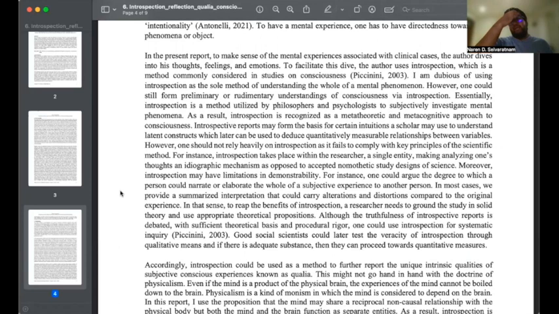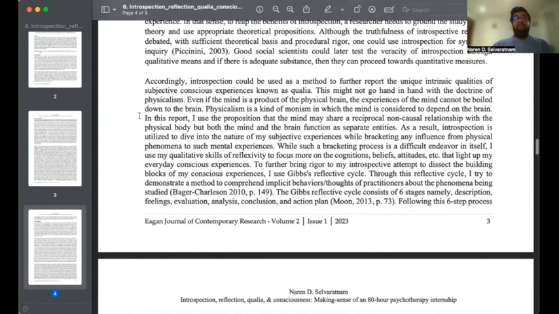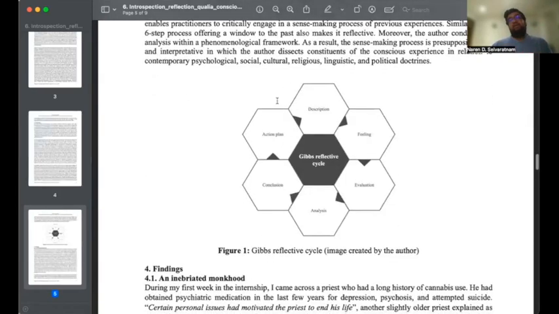Here we have used introspection through a phenomenological framework, and I have explained this. And in the third paragraph, I have also explained how the Gibbs reflective cycle works, because I have used this Gibbs reflective cycle to understand more about my personal experiences.